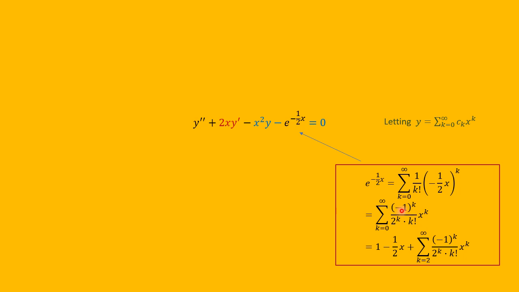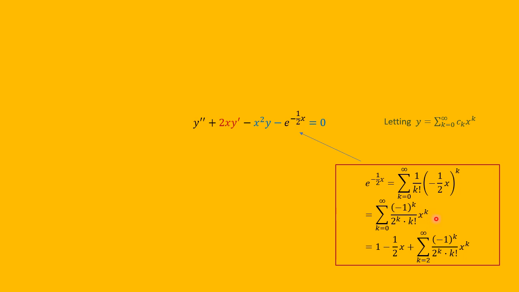Now, we can simplify this just a little bit. We can write it as minus 1 to the k, times 1 actually. And then in the denominator, we're going to have a 2 to the k, which is here. We have a k factorial, which is here. And we also have a factor of x to the k, which is here.